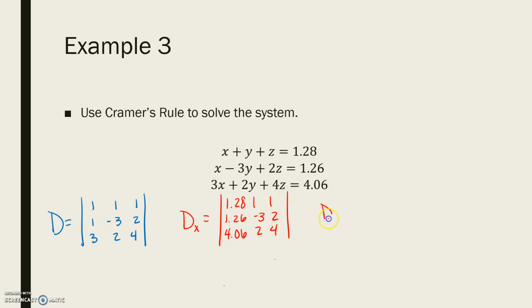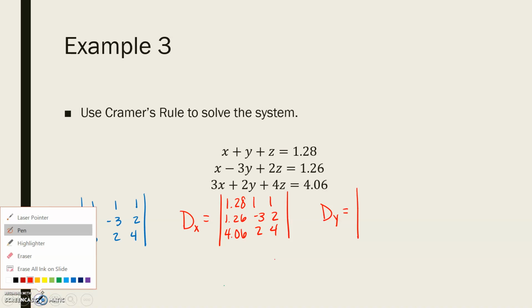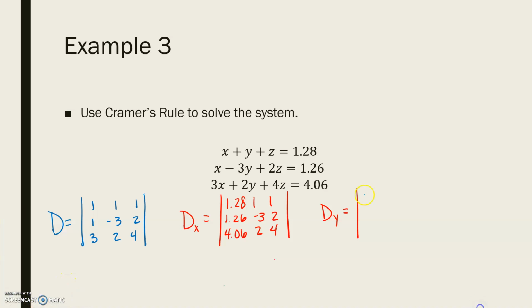Now I have dy equals, and I'm going to replace the y column this time. So I'm going to keep the x's the same, and I'm going to keep the z's the same, but I'm going to replace that y column with 1.28, 1.26, and 4.06.